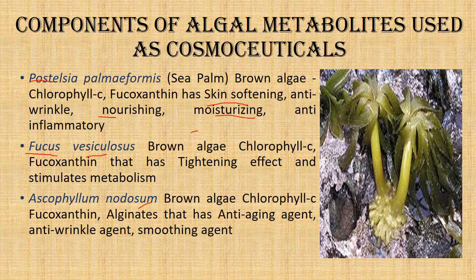But nowadays it is used to monitor the amount of heavy metal in sea water. It is also very good ecologically, because Ascophyllum hosts Polysiphonia, which grows on it epiphytically. And Ascophyllum nodosum is also a very good source of anti-aging agents.